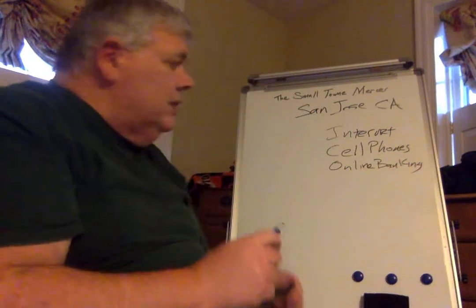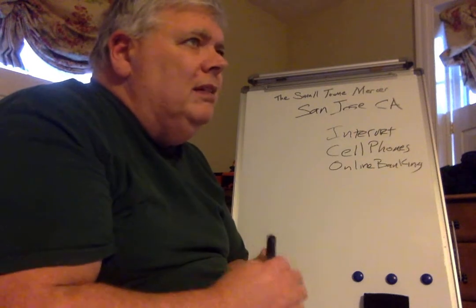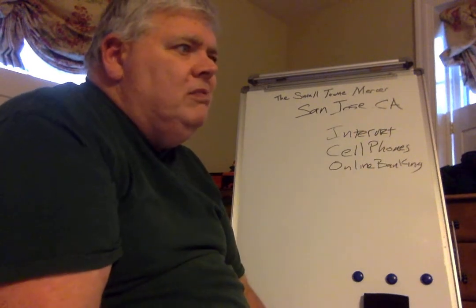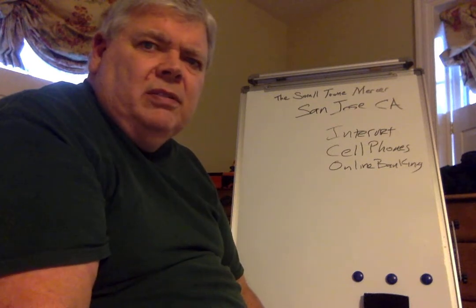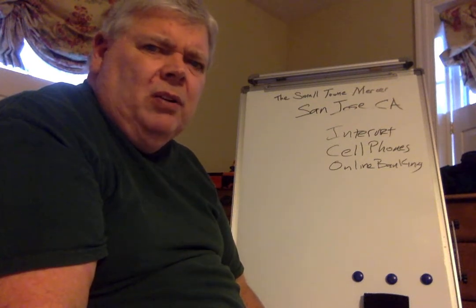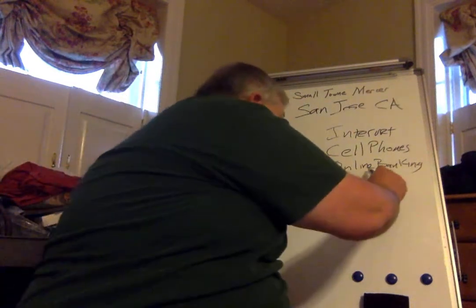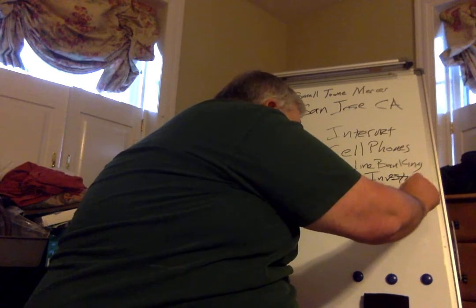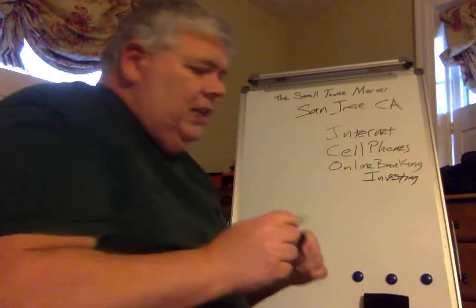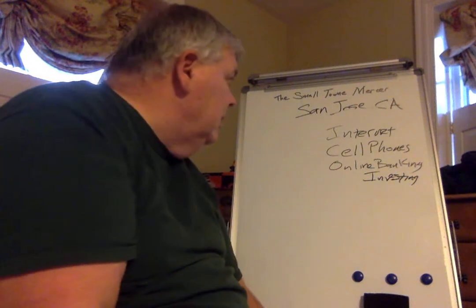I can remember doing online banking probably in the mid-2000s, maybe earlier than that. But also online investing is starting to take off too. I started doing that around 2007 and 8. And it may have even been around a little bit before that.